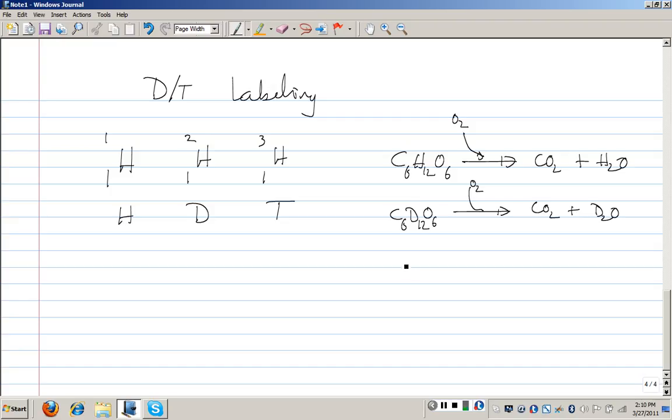I could have just as easily fed the organism labeled carbon, so I can use carbon-13, for example, and if it made radio-labeled carbon dioxide, that would also confirm that that is the source of the carbon in carbon dioxide. So labeling is a very useful technique for following pathways, okay?